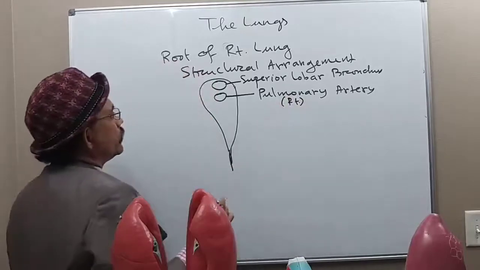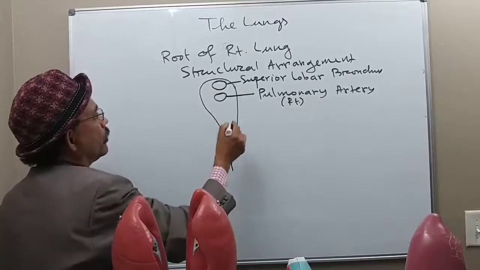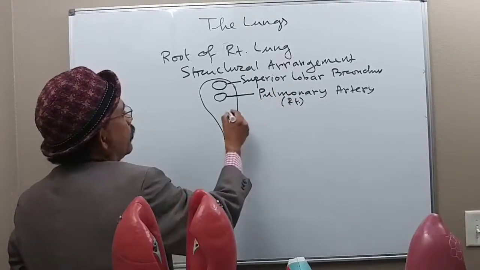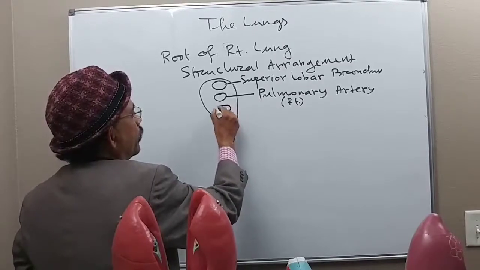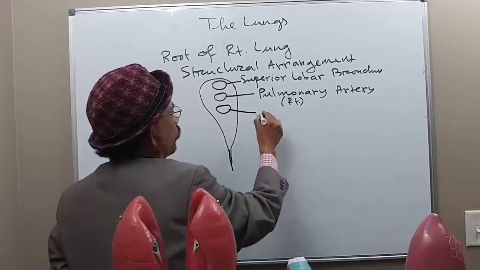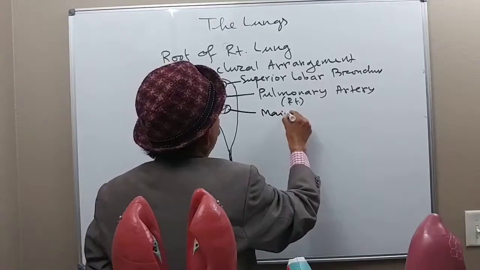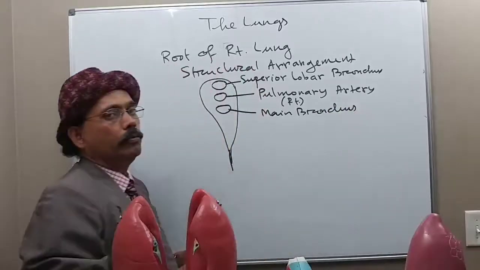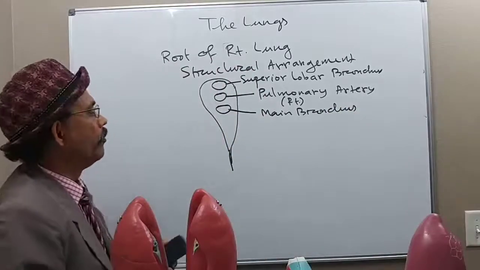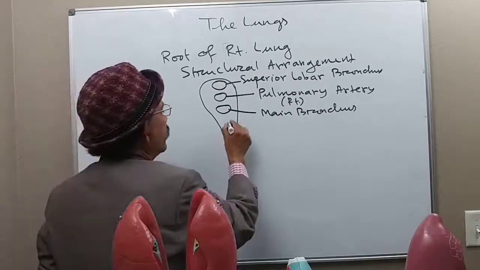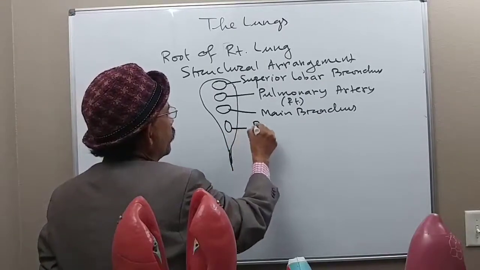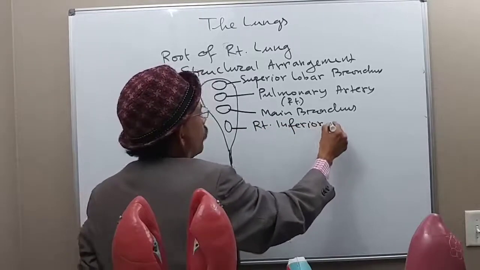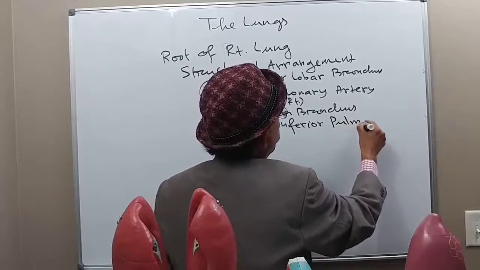Then another bronchus, the main bronchus. This bronchus is for the middle lobe and the lower lobe. Then we'll get the right inferior pulmonary vein.